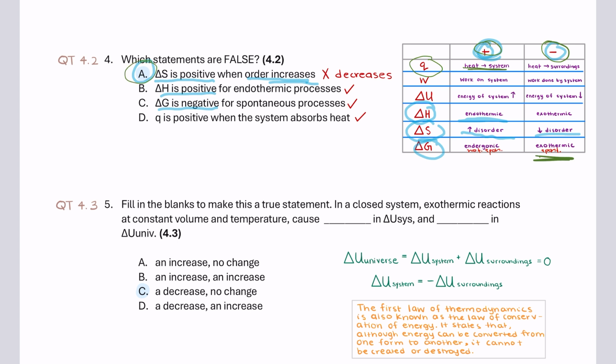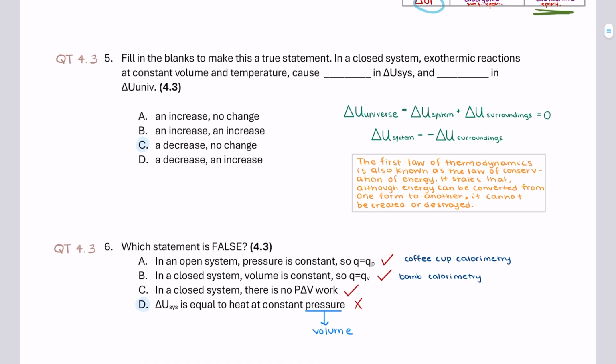So 4 is A. Problem 5 says, fill in the blanks to make this a true statement. In a closed system, exothermic reactions at constant volume and temperature cause blank in delta U of the system and blank in delta U of the universe. First, we're told that the reaction is exothermic. That means that the system is releasing heat to the surroundings.